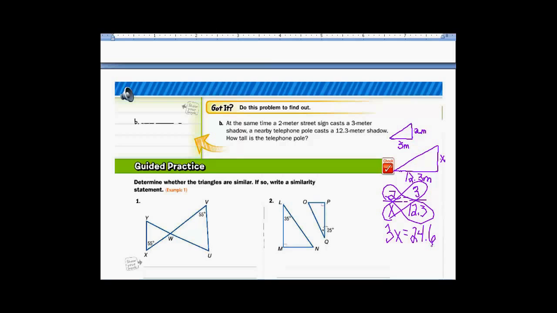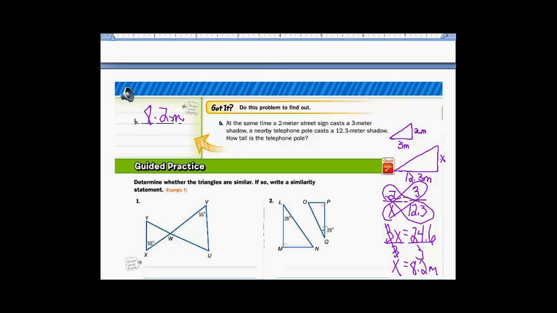What do I do now with both sides? I divide them by 3. So x is equal to 8.2. Use your calculator to check me if you wish. 8.2 what? What are these? Meters. So 8.2 meters is my answer.